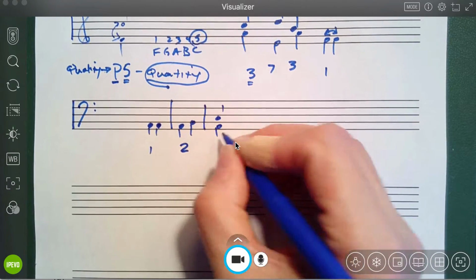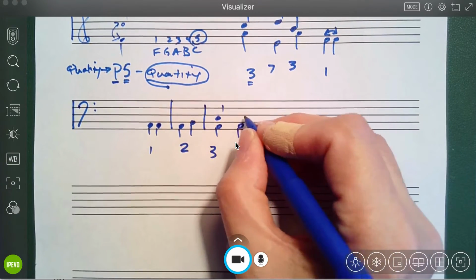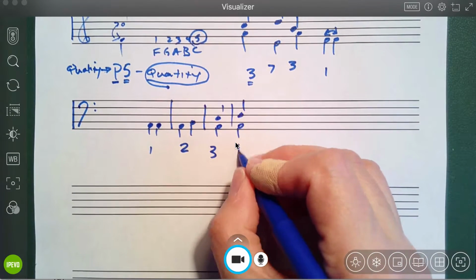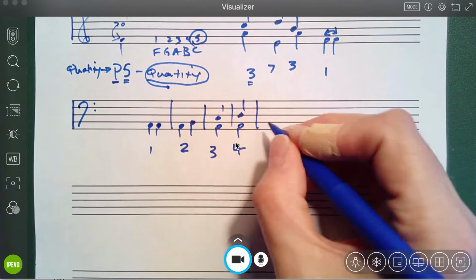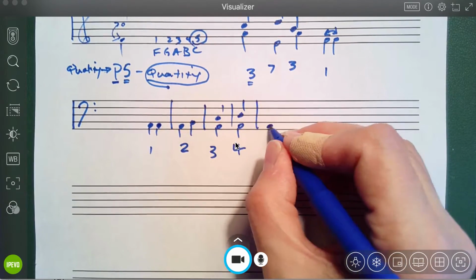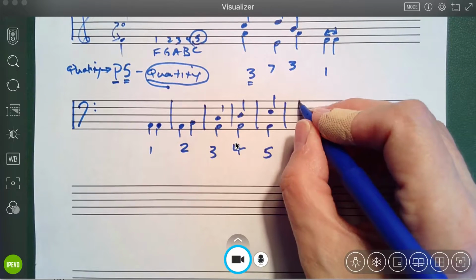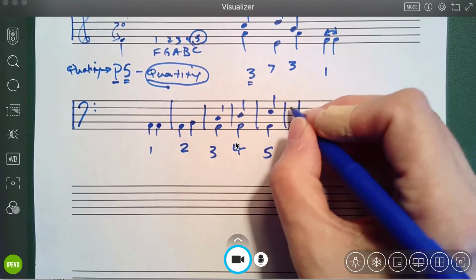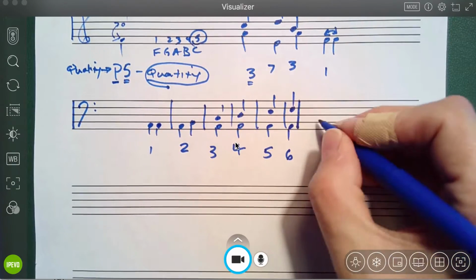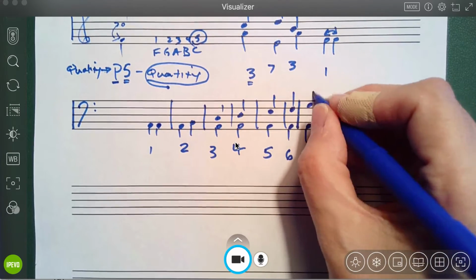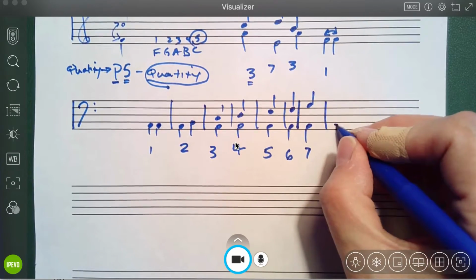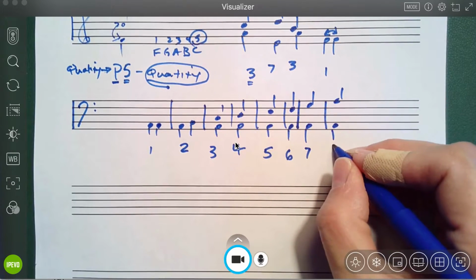A to C is a 3. A to D is a 4. A to E is 5. A to F is 6. A to G is 7. A to A is an octave.